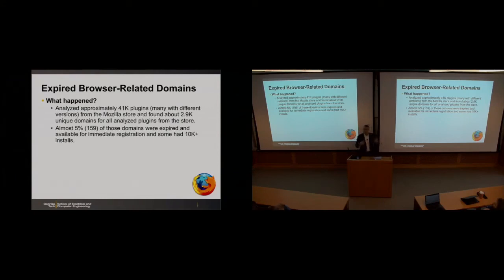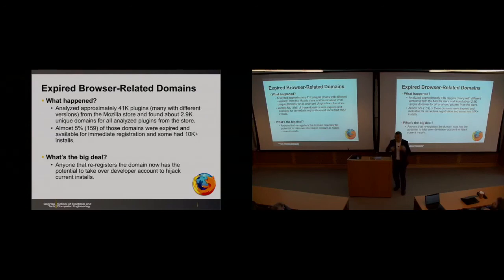So if you want to create the next PUP malware, the only thing you need to do is register expired domain names for browser plugins, and you suddenly have direct access to the browser of the entire base of that browser plugin, just by registering a domain name. You don't have to infect anybody. It's already infected, infected in quotes, because they have installed the browser plugin. So you can imagine how bad that is.